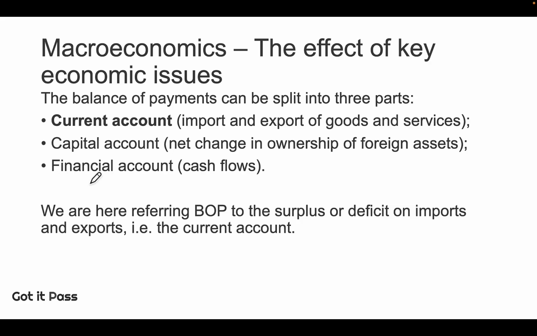And last but not least is the financial account. It's about the cash flows. And here in the Business and Technology paper, we are referring to BOP, balance of payments, only on the surplus or deficit of imports and exports right now. So our discussion is on the current account.